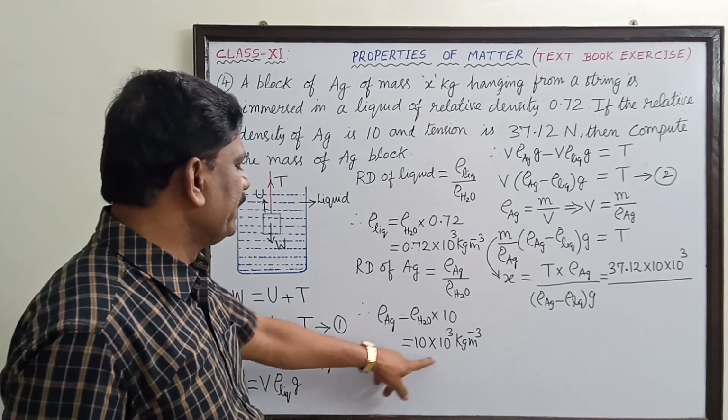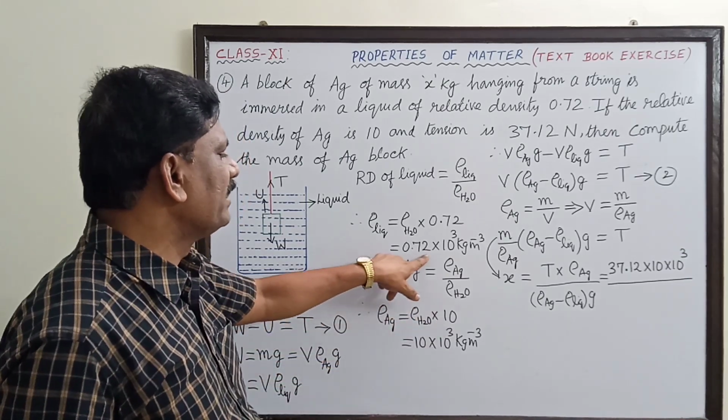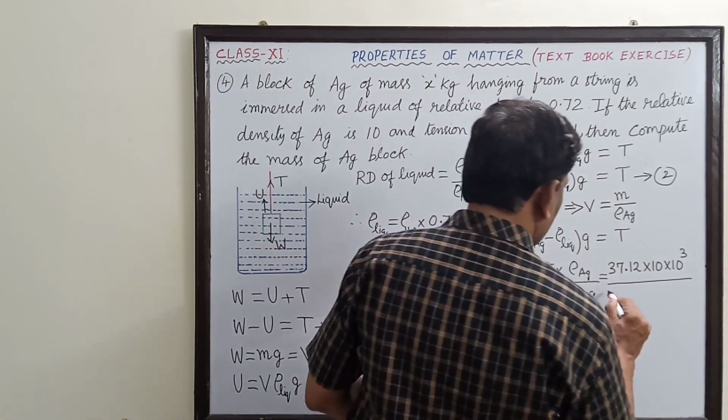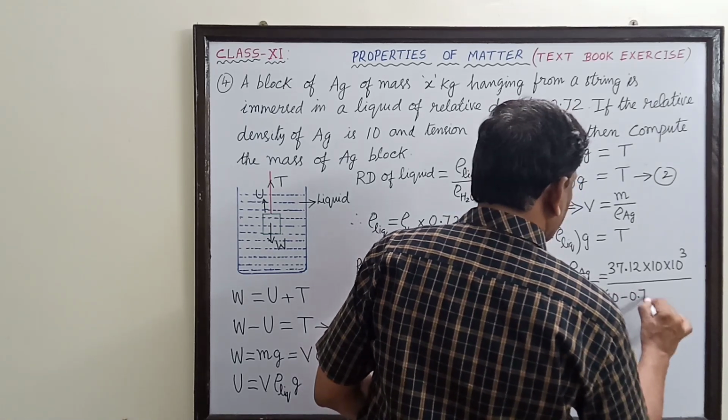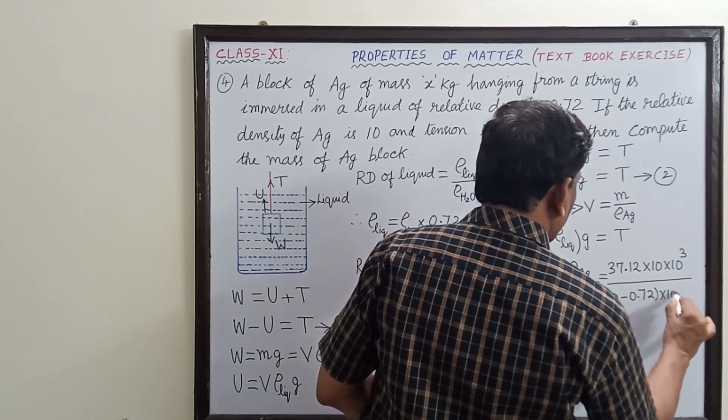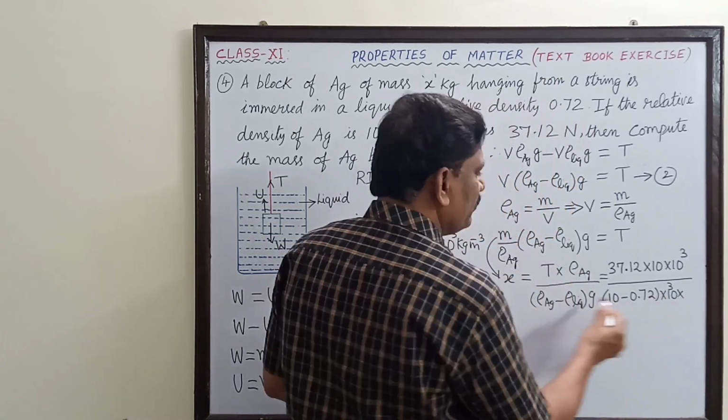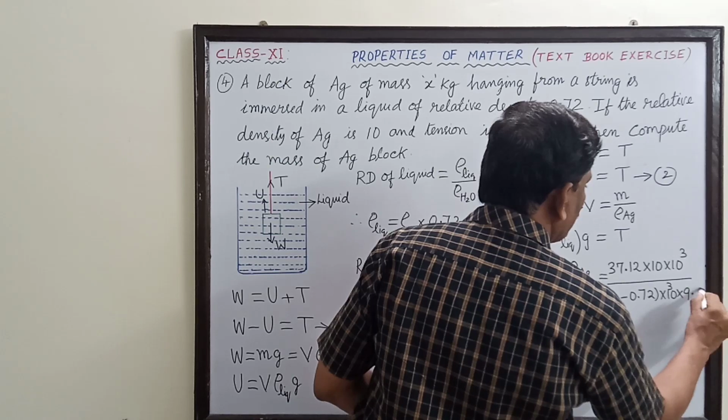So this is 10 into 10 power 3 minus 0.72 into 10 power 3, into the value of G, 9.8.